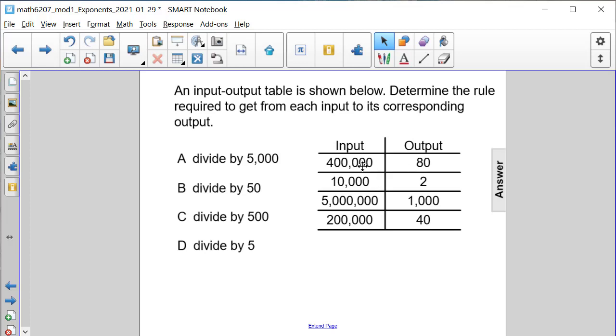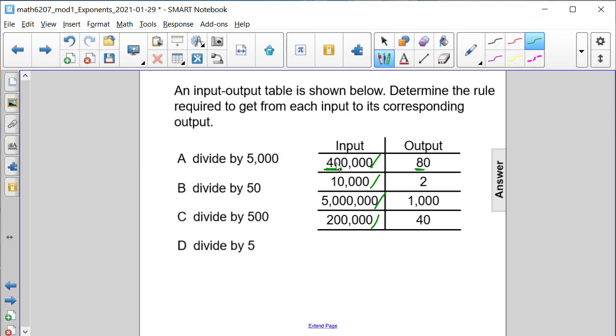Doesn't look like we're adding or subtracting or multiplying by the same number. It looks like we're dividing by the same number. So let's put the division sign next to each of these. And let's try to look at our input and output values. We have, say, 40 and 8.